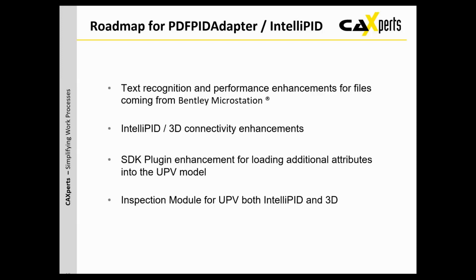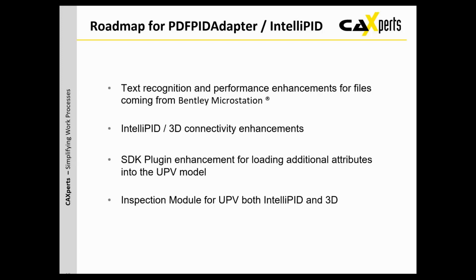We will enhance the connectivity between IntelliBit objects and 3D objects. So for instance, if you find 10 lines which are stretching across 3 PIDs, you could automatically visualize all the 3D objects without having to change from one drawing to another. So things like that, this is what we are thinking in this area.